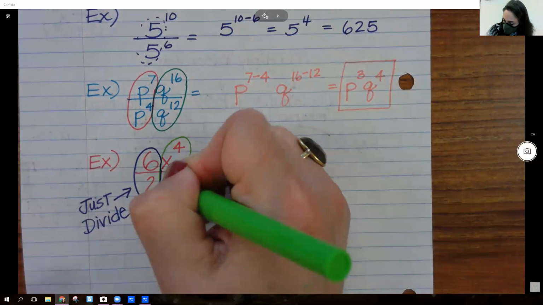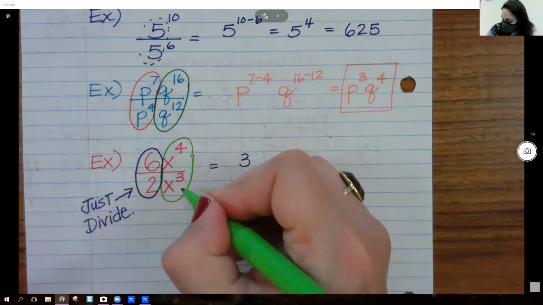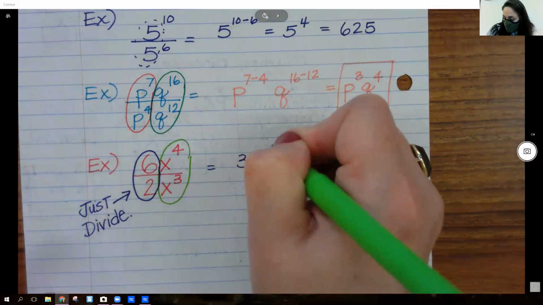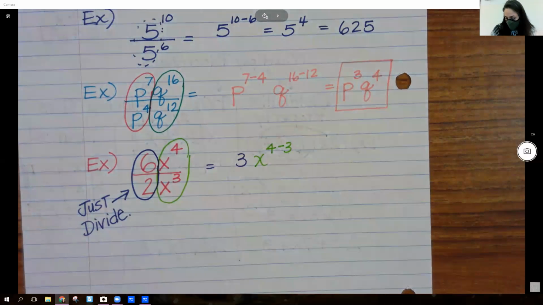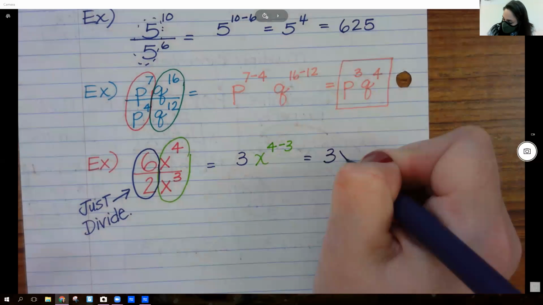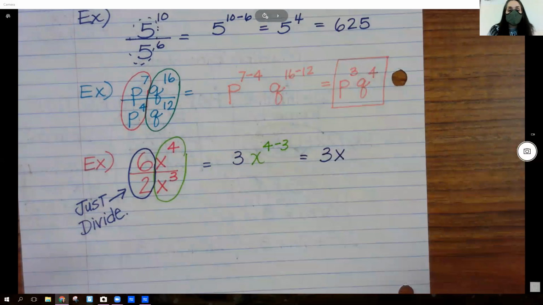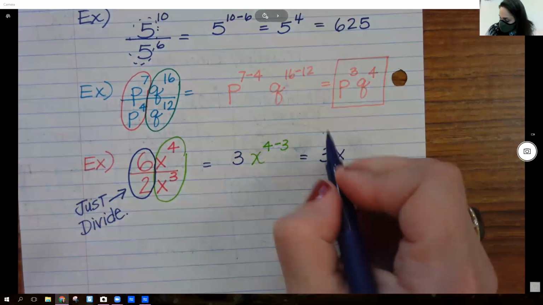So this is the new stuff with the x to the 4th and the x to the 3rd. So you're gonna put down the x and then subtract the exponents like that. So your answer will be 3x. You can put down to the first power if you want to, but you don't have to. You can just write 3x.